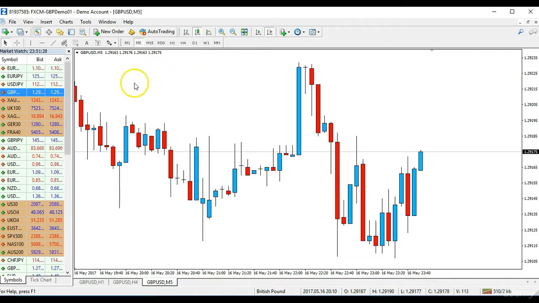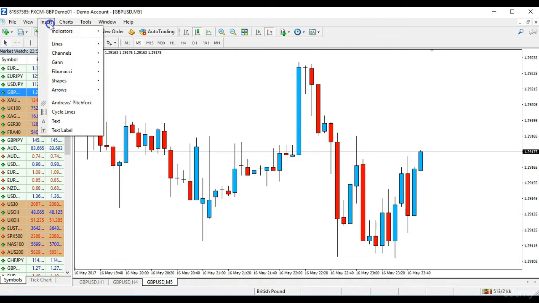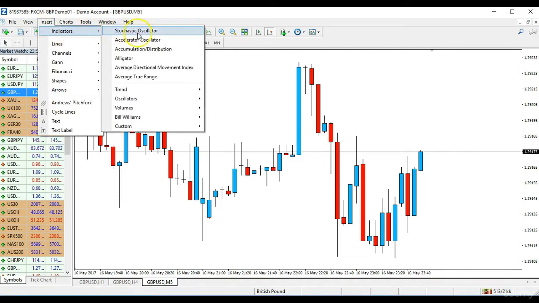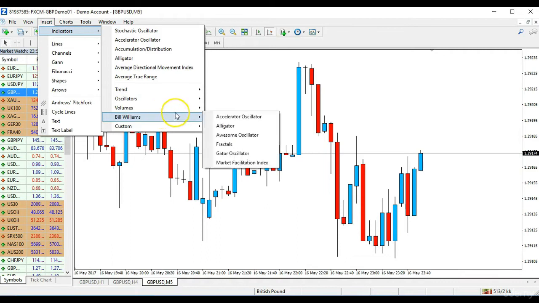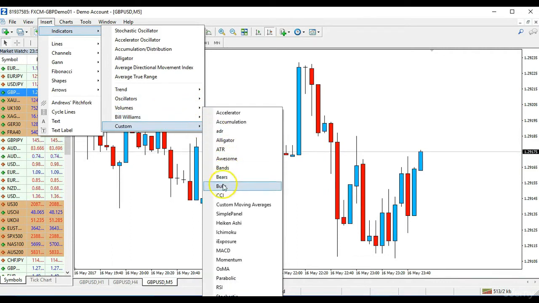When I first started off trading, I spent, I suppose, maybe a year playing around with indicators. So if you click Insert, you'll see it says indicators and it will give you stochastic, everything. Trend indicators, oscillator indicators, volume indicators, other indicators, and custom indicators.